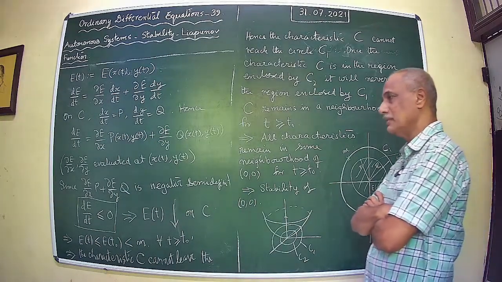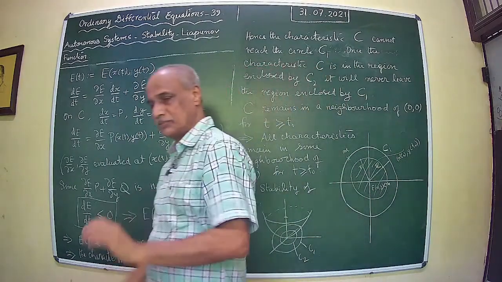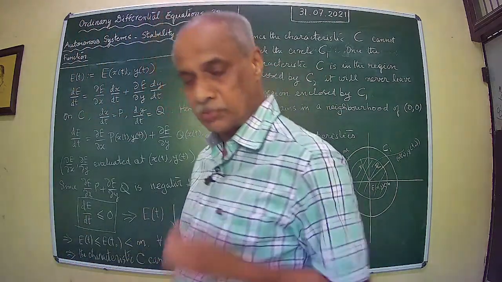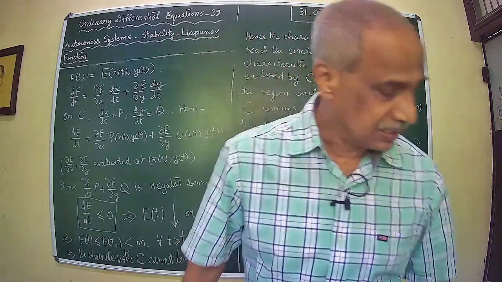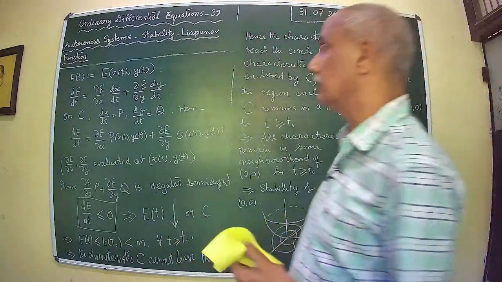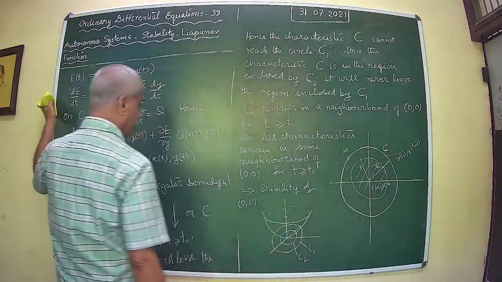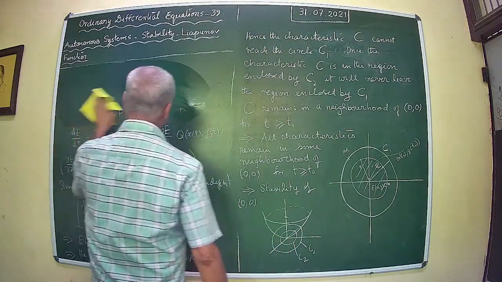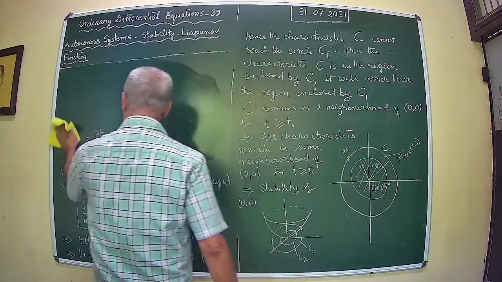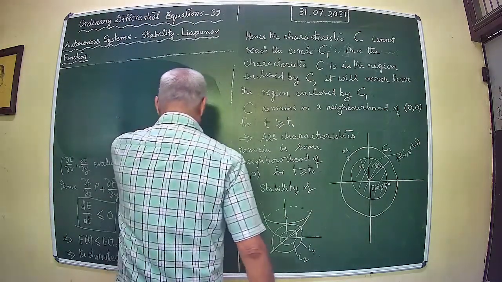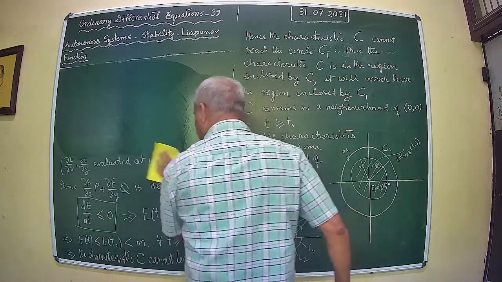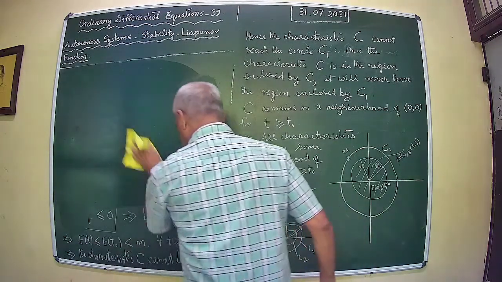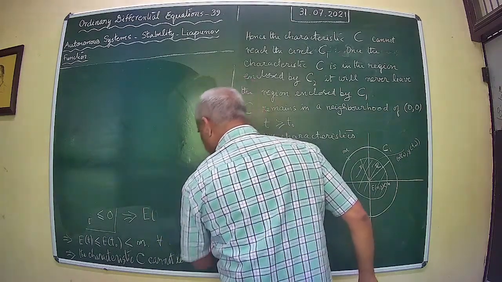And that means stability of the equilibrium point. So all characteristics have this property. Therefore, 0, 0 is a stable equilibrium point. Now we go on to prove the more stringent situation. Is it asymptotically stable?